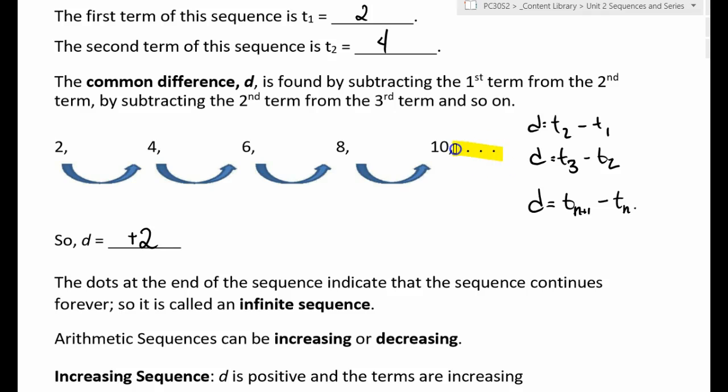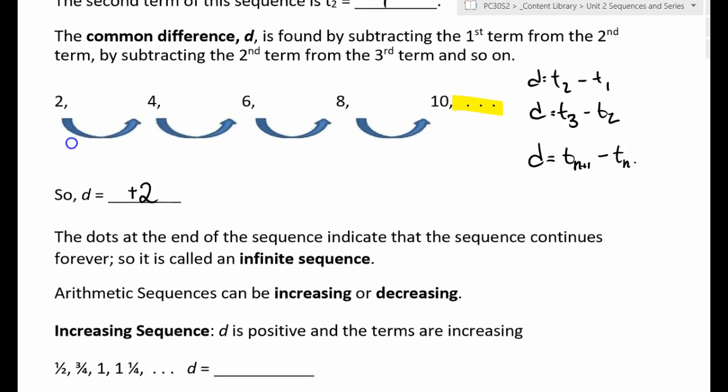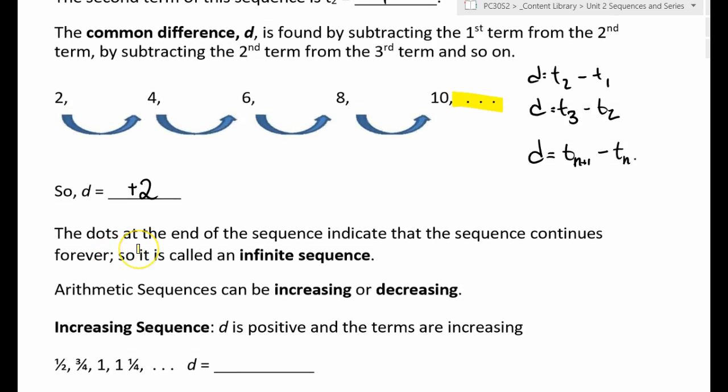The dots at the end of our sequence, and we see it showing up in both scenarios, no matter which way we write it, indicate that the sequence continues forever, so it is known as an infinite sequence.